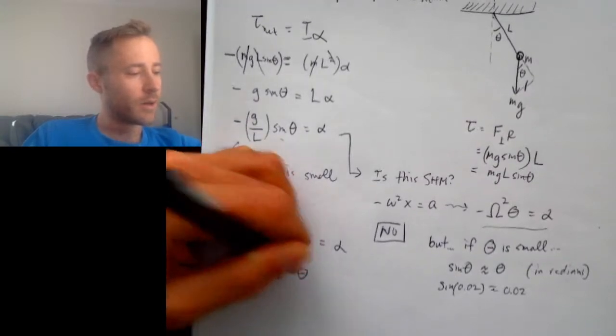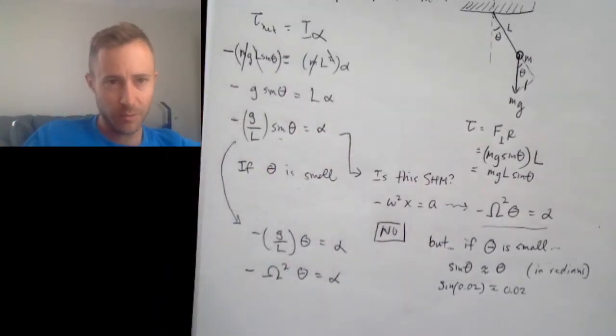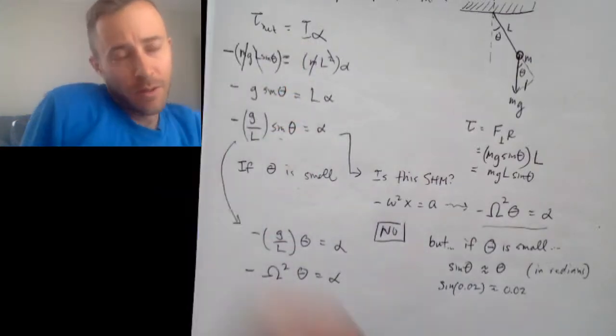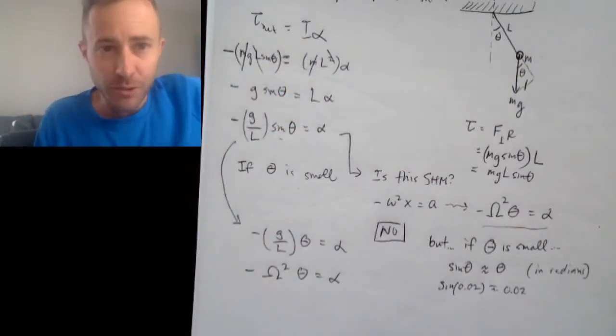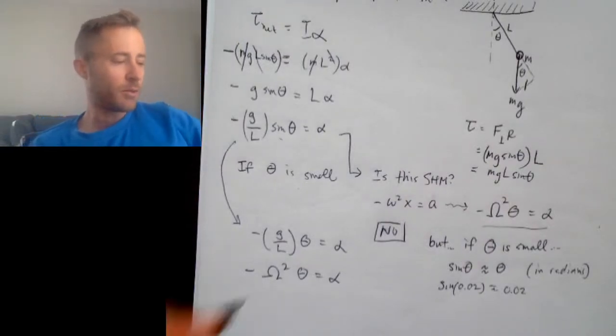Just like when I was talking about the ubiquity of simple harmonic motion, if the amplitude of the motion is small, then we have simple harmonic motion no matter what.